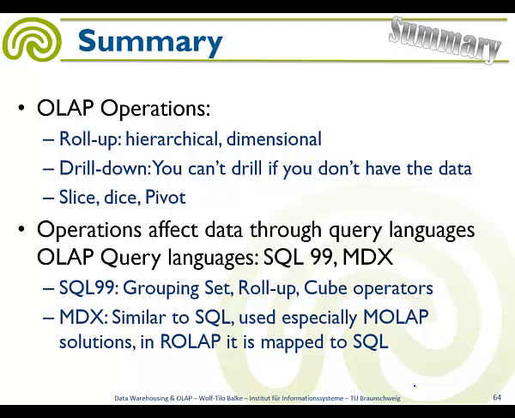MDX is for the multidimensional part, so it's very similar to the SQL structure, but it's kind of a mixture between the SQL structure and Excel macro queries. Using path expressions, you can navigate the schema and get to where you want to. Especially for the multidimensional Microsoft product, this is kind of a standard. In OLAP, it's usually mapped to SQL.